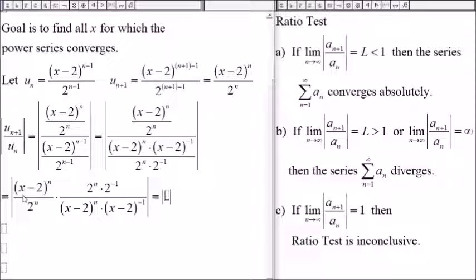The (x minus 2) to the n will cancel out with this. The 2 to the n will cancel out with this. So for the top, what's left is 2 to the negative 1 and (x minus 2) to the negative 1.